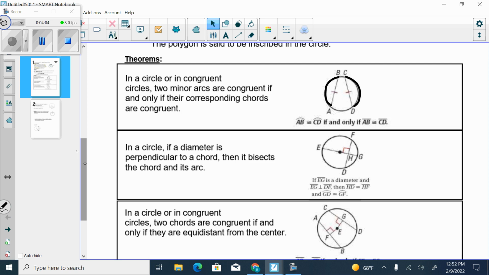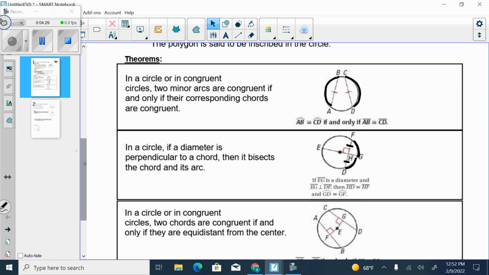Then they're telling you that chord has been bisected, or basically that these two pieces are congruent, okay? Not only are those two pieces congruent, the arcs of those two pieces are also congruent. Okay? So FH and DH are congruent, and the arc FG and DG are also going to be congruent.